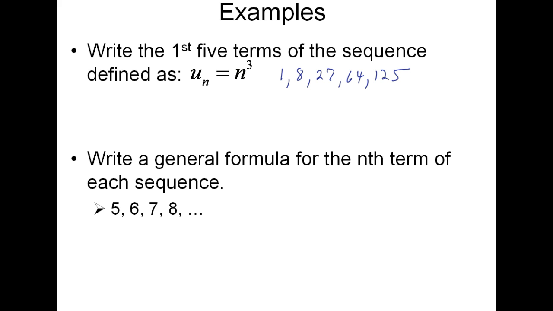Write a general formula for the nth term of each sequence. So I'm wanting u sub n. So now we're going to have to think about this one a little bit. This 5 from 1 could be 5 times 1, but 5 times 2 does not give me 6.